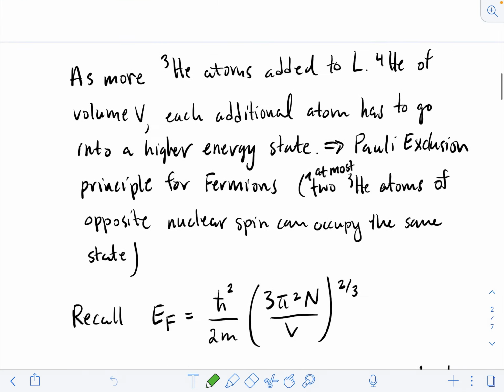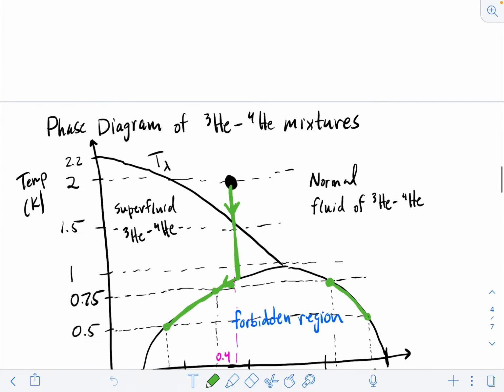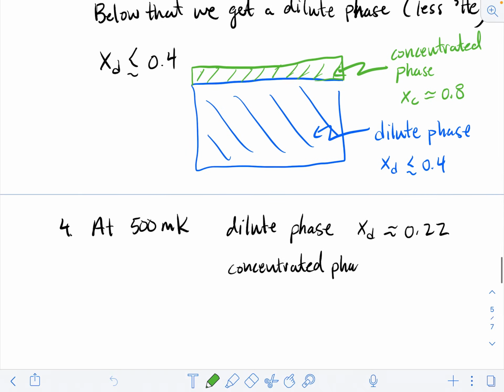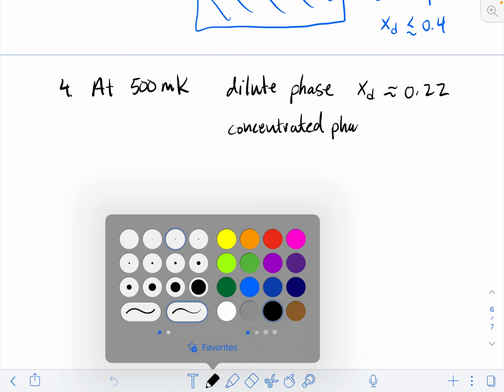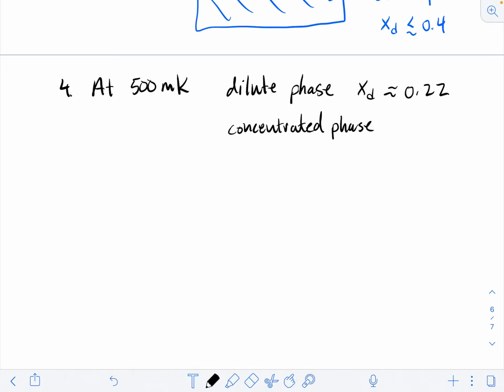Oh, sorry. Somehow that just crashed, and let's see if I can find that. I have to rewrite some of this.